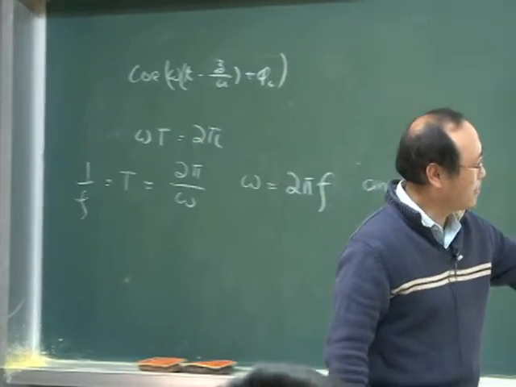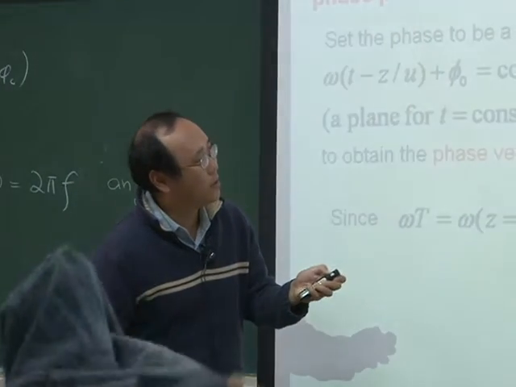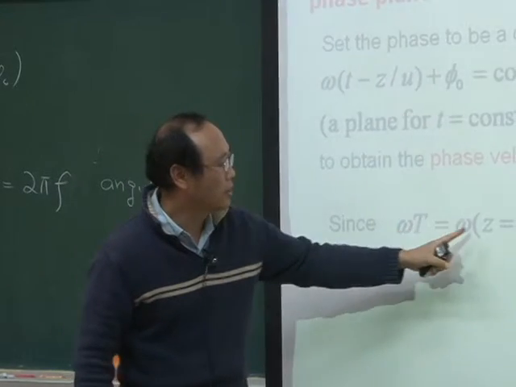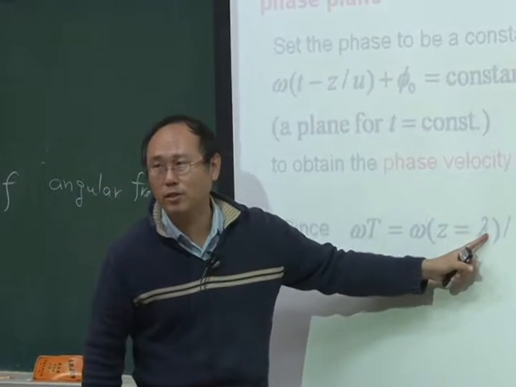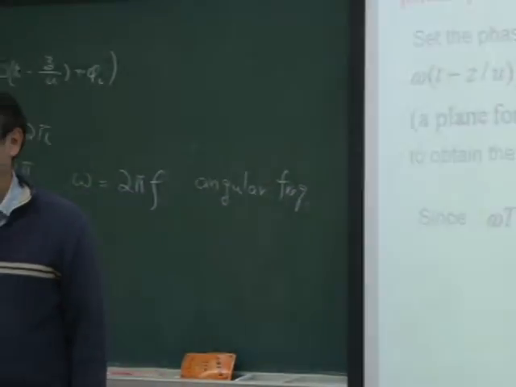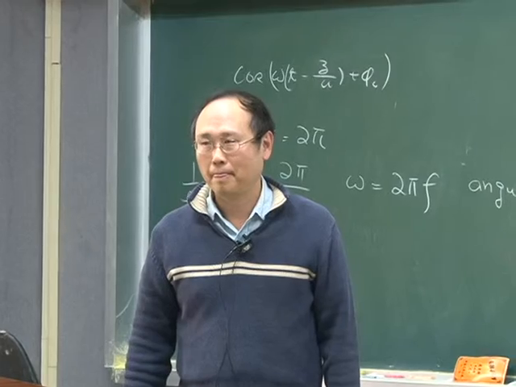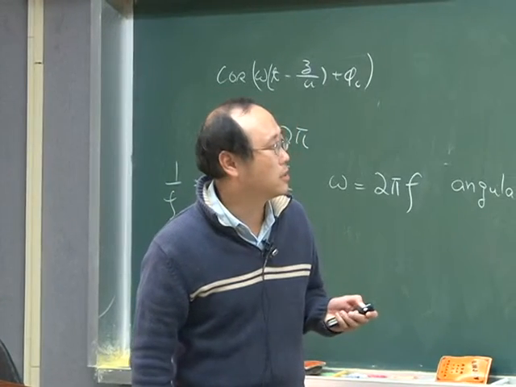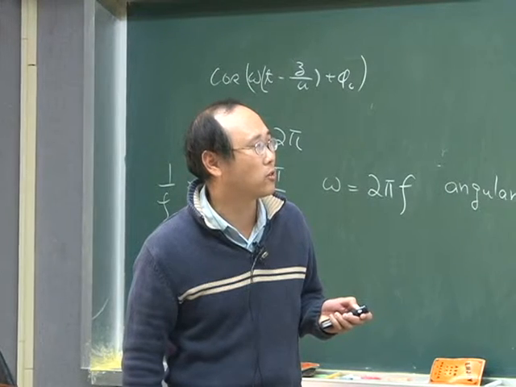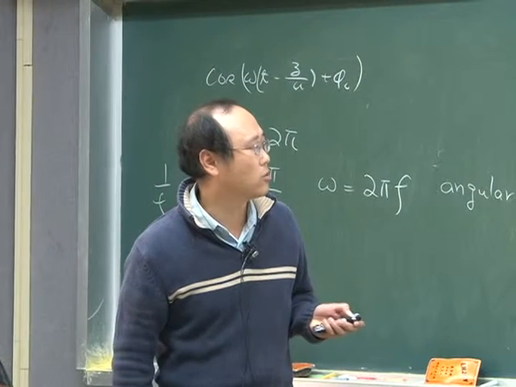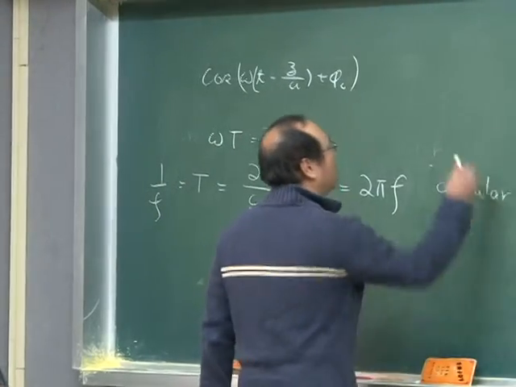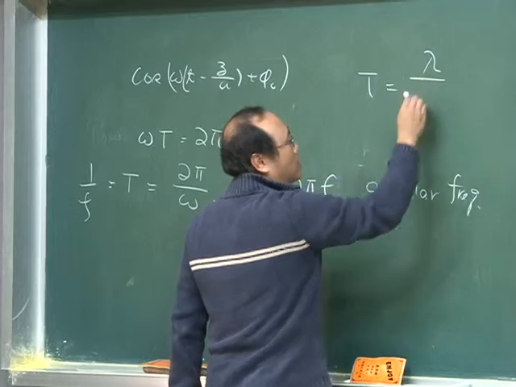So the period of time between these 2 points is going to be equal to the time the wave propagates one wavelength with a speed of up. OK, this time, the time for the wave to run from here to here, you can actually calculate by dividing the wavelength by the speed, and you get this time, right? So this T, in fact, is equal to the wavelength divided by up.